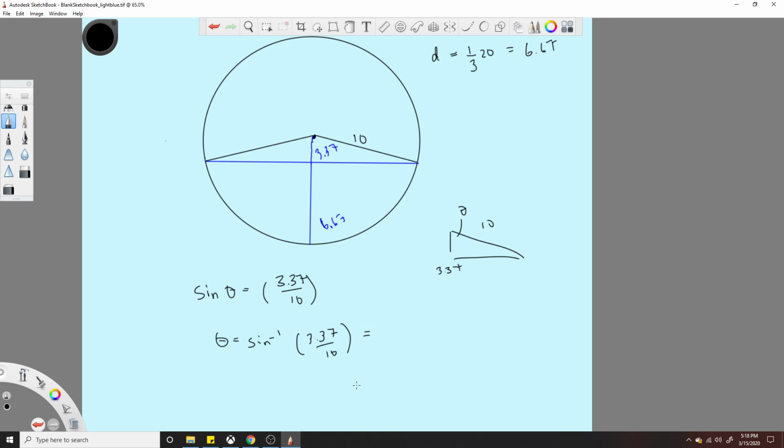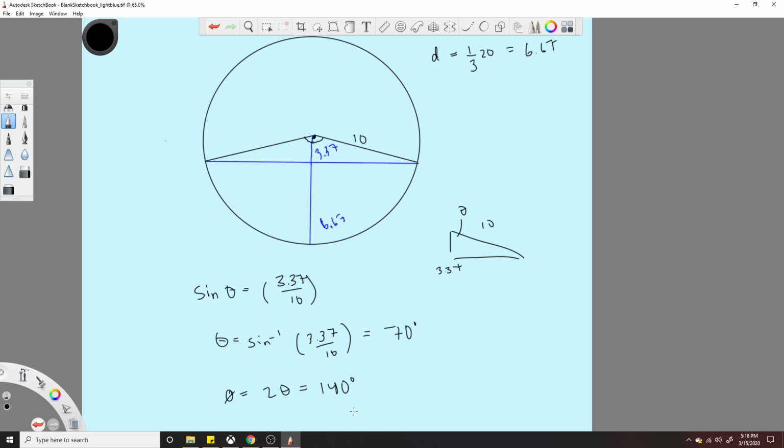And that theta is going to be equal to 70 degrees. Right? So now we have this value right here, this theta, but we want this whole thing. So all we have to do is multiply that by 2. So we'll call this phi equals 2 times theta equals 140 degrees.